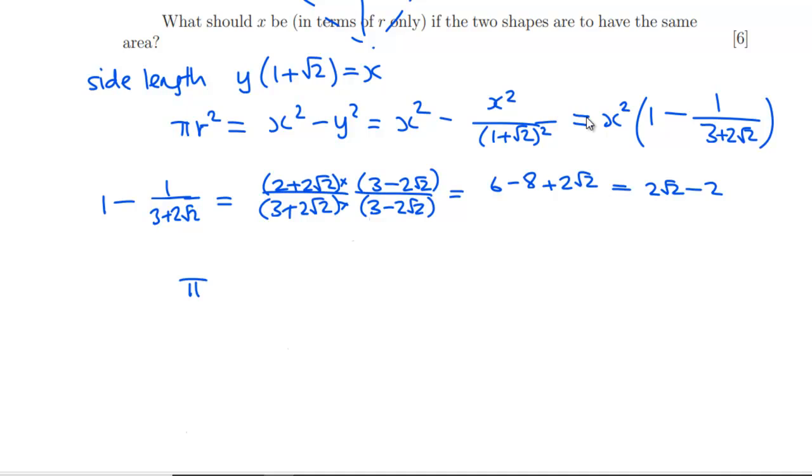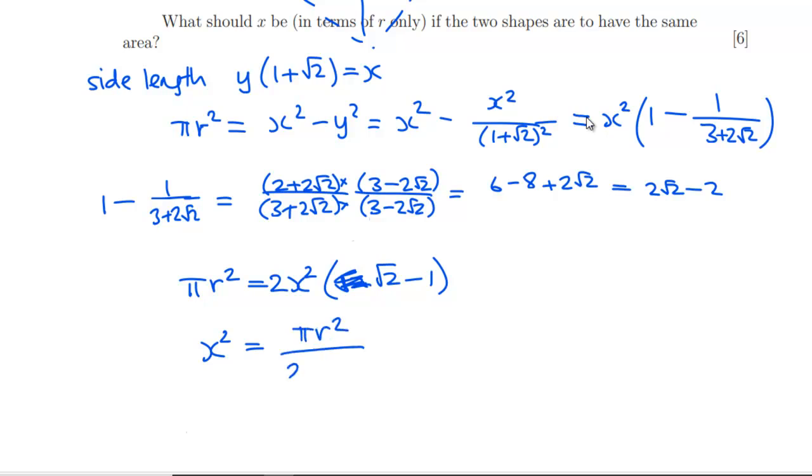So we've got that pi r squared is equal to x squared times, well, let's take the 2 out, and then root 2 minus 1. Right, that's grand. So we just need to rearrange that for our x. So we've got x squared is equal to pi r squared over 2 times (root 2 minus 1).